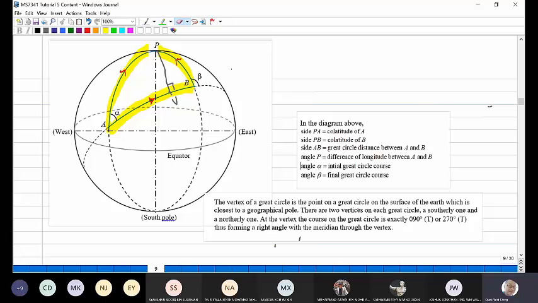The distance PA, what is the distance PA here? We call it the side PA. This distance PA is the side PA here. We have a name for this. It's called the co-latitude of point A. Look at that PA here, in the yellow triangle.